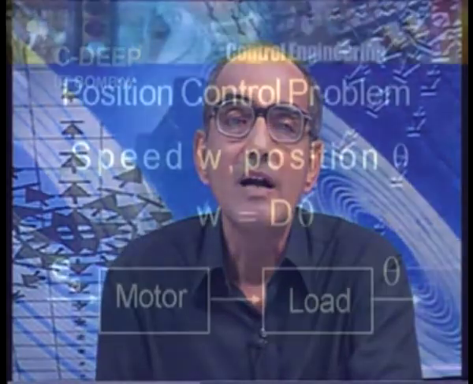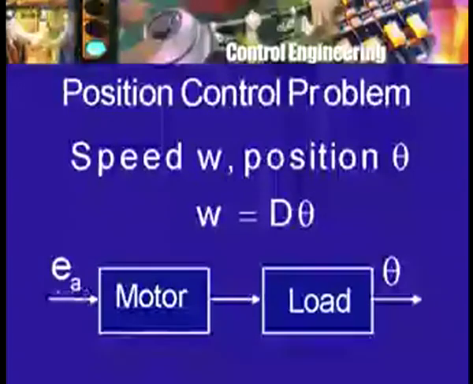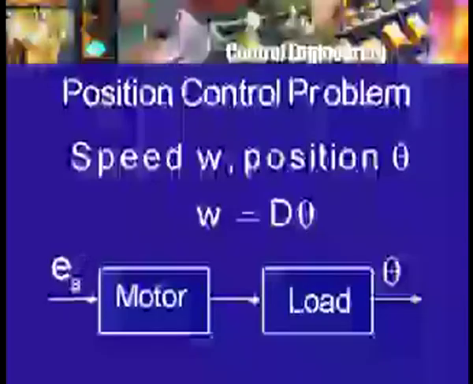So, the motor will be switched on and switched off. If a new angular position is desired, then again you will switch on the motor and switch off the motor. Of course, the rotation required may be in one direction or in the other direction. Therefore, the applied armature voltage may have to be positive, that is in one direction, or may have to be negative, making the motor turn in the opposite direction.